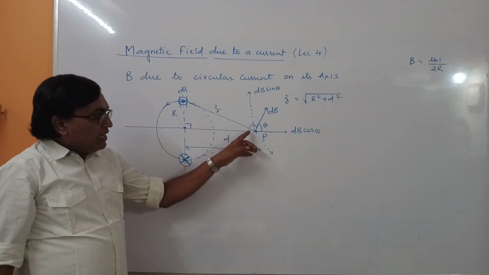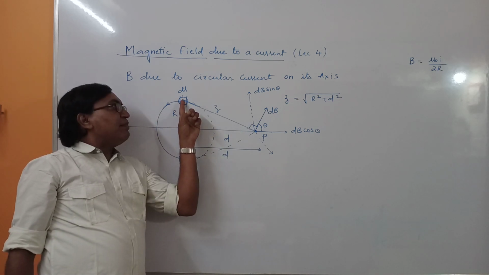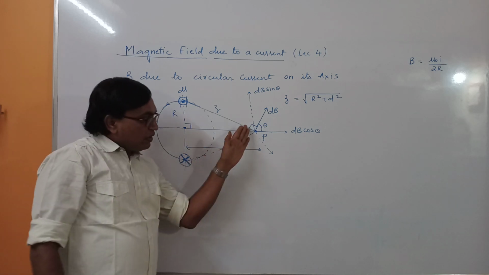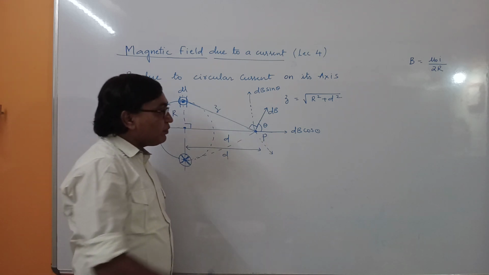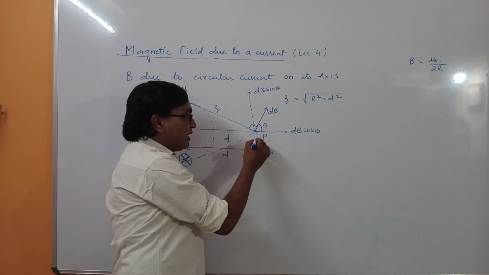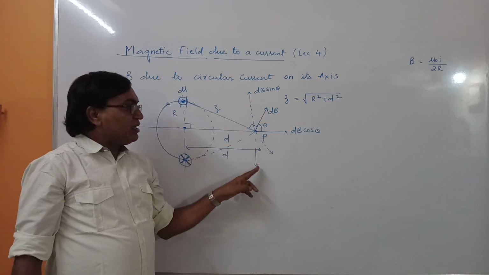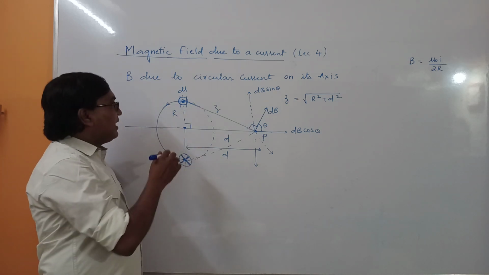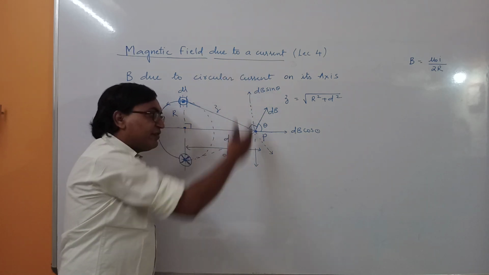Fine. Now similarly, due to the current element diametrically opposite to this point, the field is along this direction and it will also make angle theta. Then one component is along this direction, another component along this direction. So this component will cancel out with this component. Similarly, you take any element, there is another element which will cancel out this direction field.